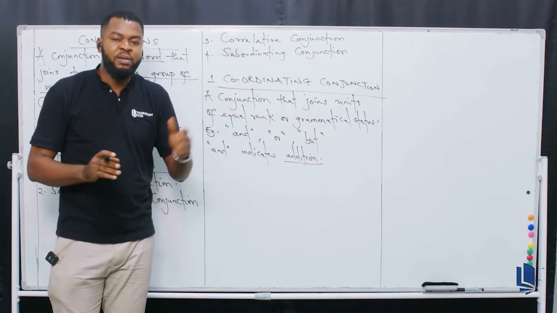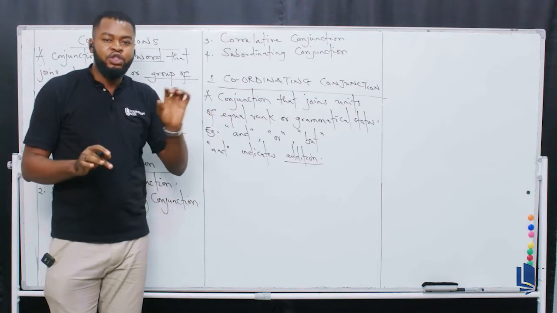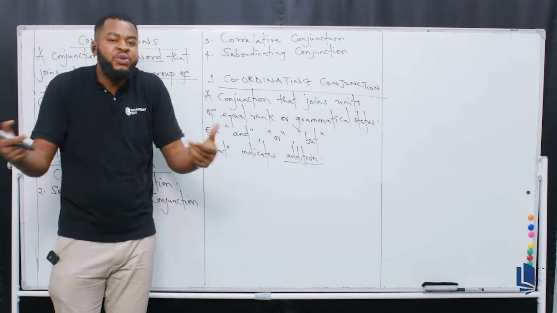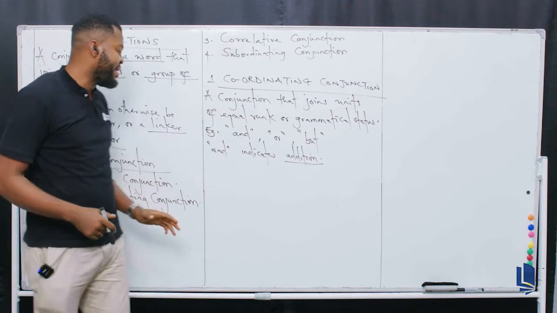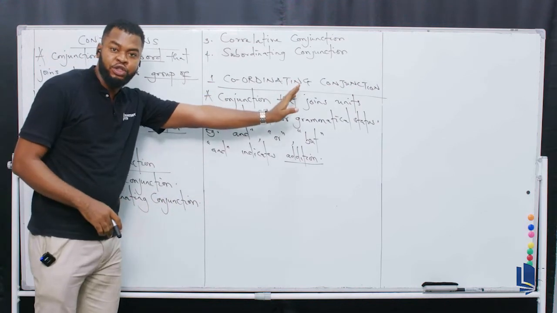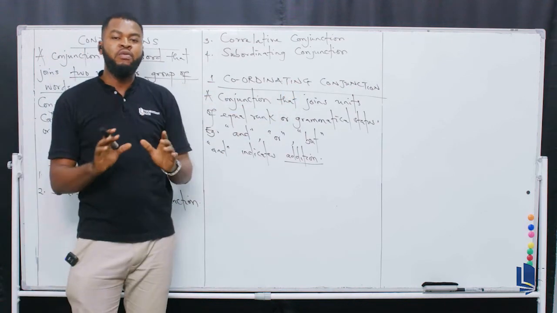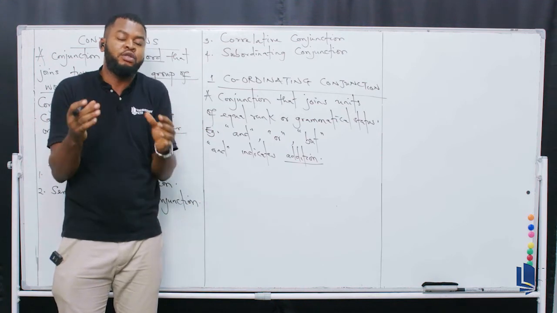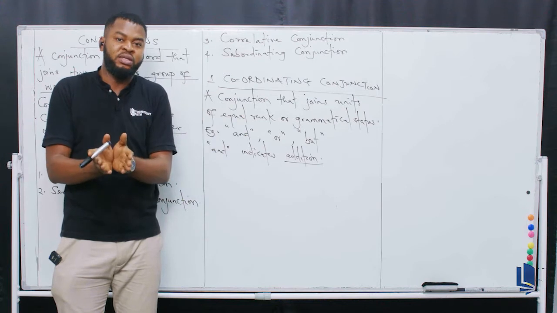For example, Bimbo and Kunle, Johnson and James. That "and" is bringing two things together. That's the essence of "and" as a coordinating conjunction. And what are those two equal ranks? That's the two nouns, the two names that I just mentioned. Those are the two equal ranks or the two grammatical status.